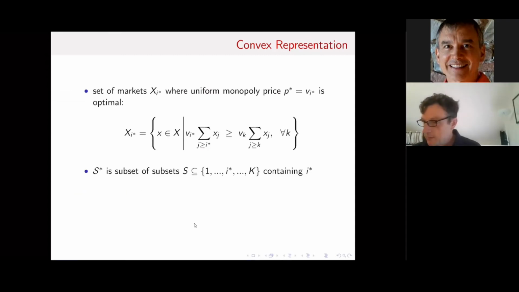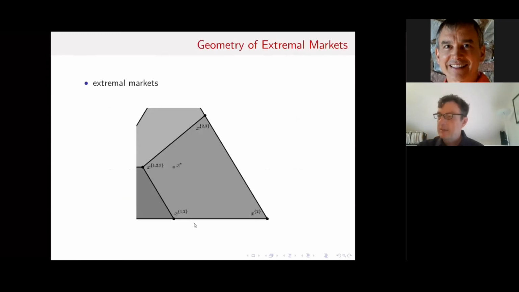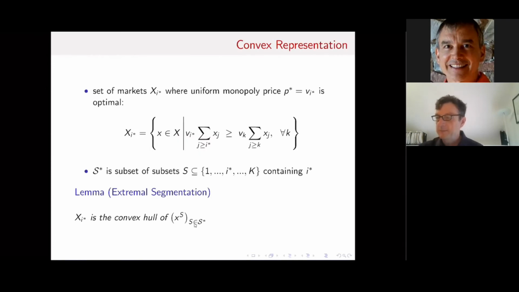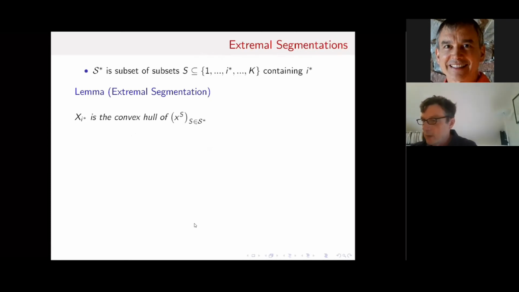So this is just saying that the picture that I gave you here, which depicts all of the markets in the interior of the vertices that include 2, is in fact spanning the set of all those markets where it's optimal to sell at that price. And this is the unique representation, if you wish, in terms of these extreme points of when it is optimal to set a price i*.